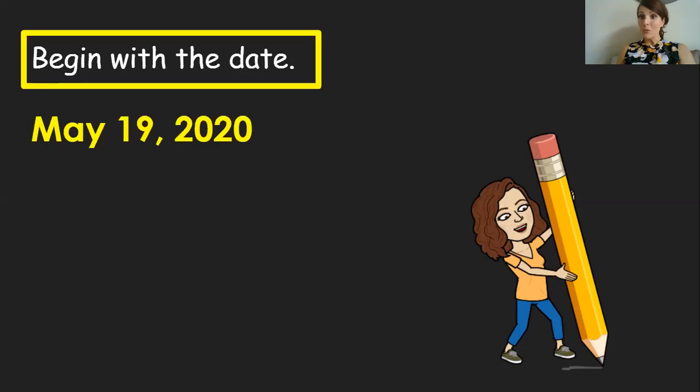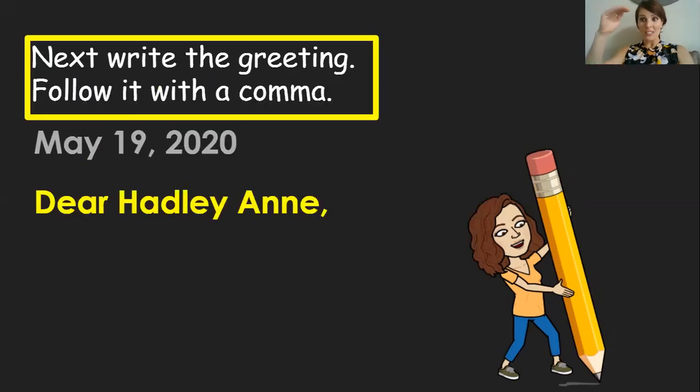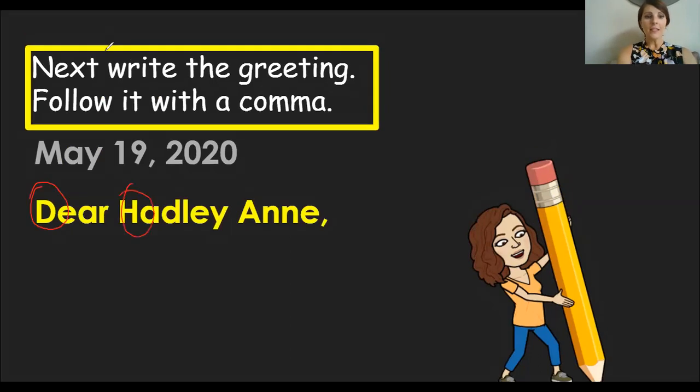It's helpful to use notebook paper here because then you want to skip down and, directly underneath the date, write your greeting. You'll follow it with a comma. Notice that I began Dear and Hadley Ann, the person I'm writing to, their name with a capital letter.